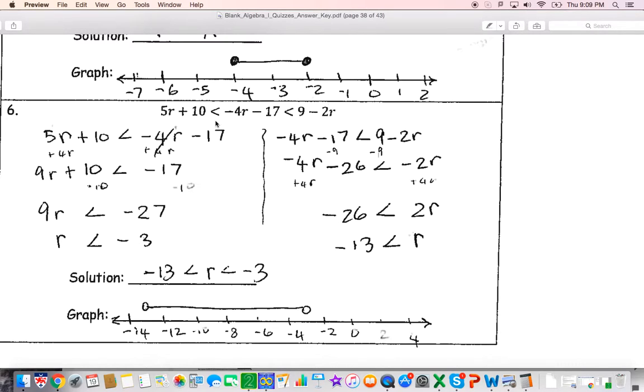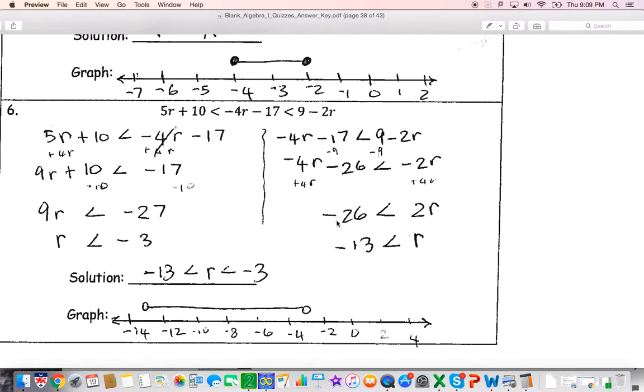All right, now on the other side of town, I did something similar. So I'm going to subtract 9 from both sides. And so the 9 goes away from that side. And we get this line here, negative 4r minus 26 is less than negative 2r. And again, remember, I'm trying to isolate the r, so I want all the r's on one side. I'm going to add 4r to both sides so I can get rid of it on this side.